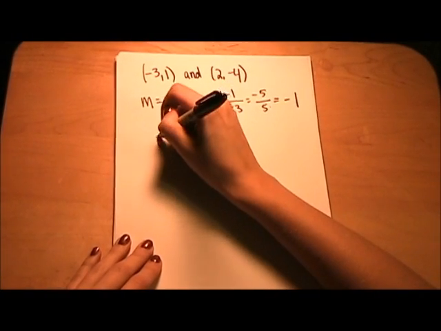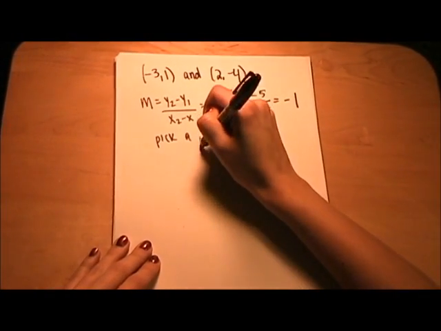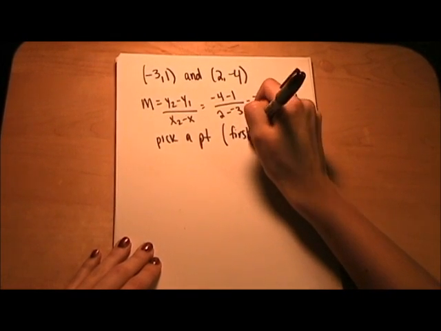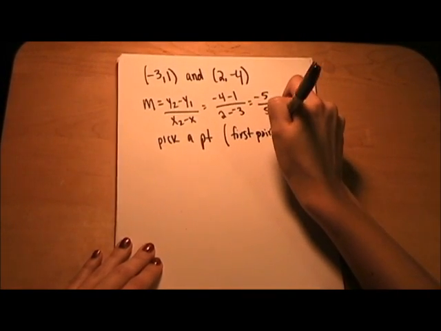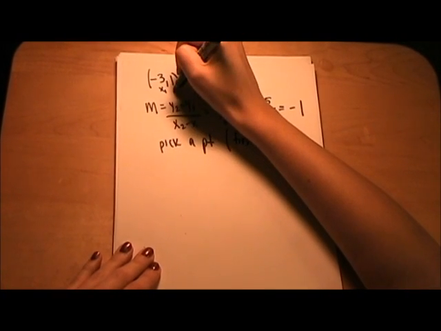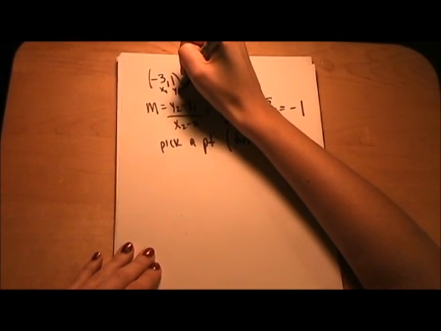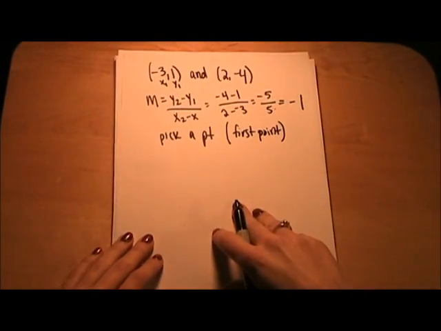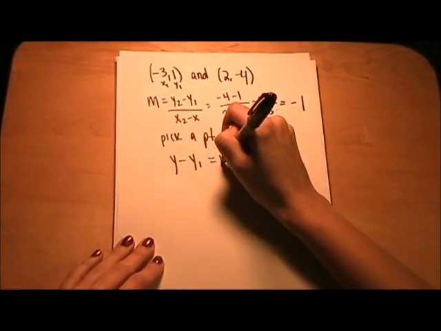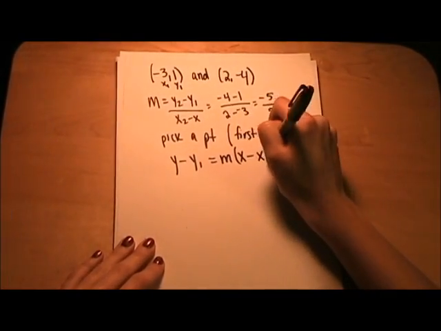And then you just pick a point. I usually pick just the first point to be consistent. So I'm going to make the -3 my x1, and the 1 is going to be my y1. And then I just plug it in. y minus y1 equals m times x minus x1.